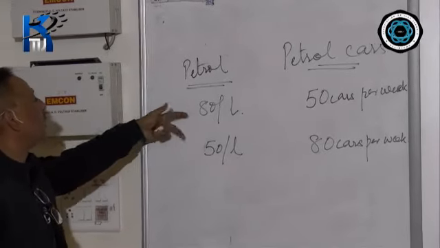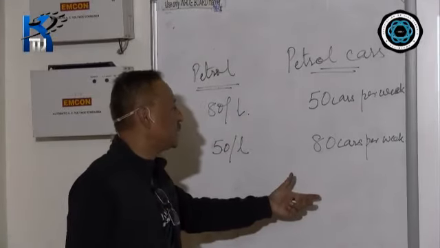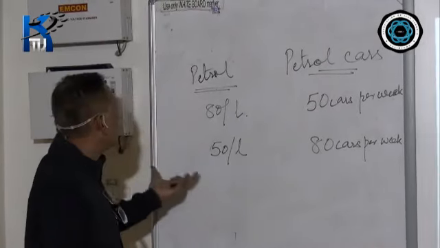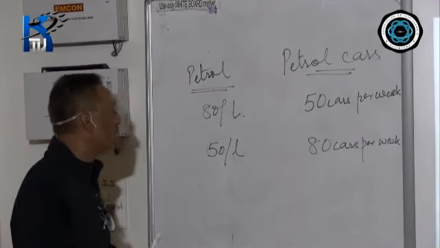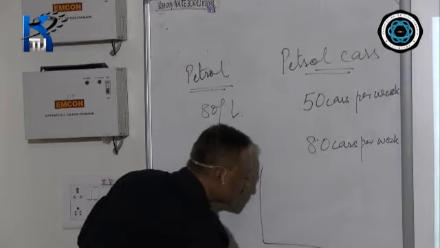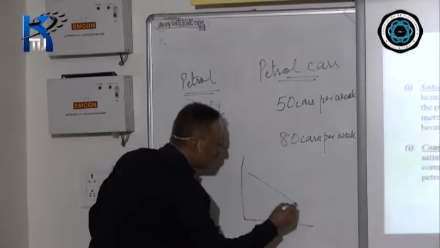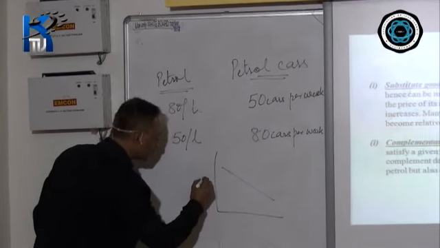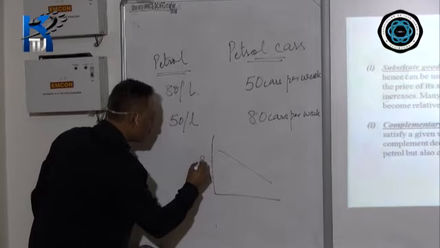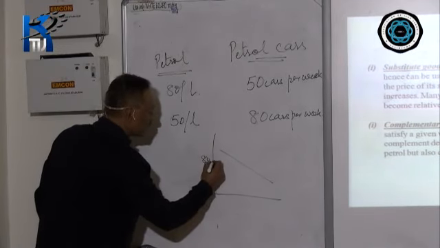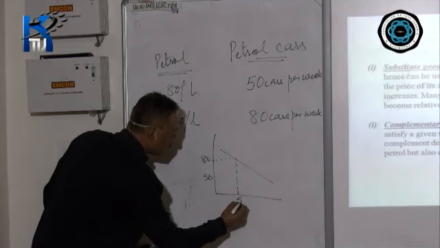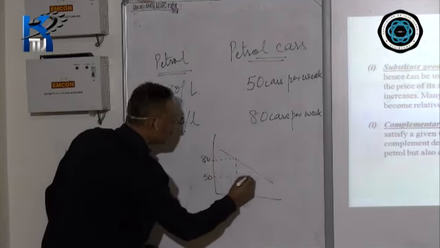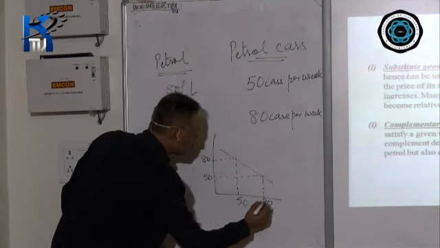Similarly, when the price of petrol increases, demand for petrol cars decreases. What can you say here? There is an inverse relationship. If I were to draw a graph showing an inverse relationship, it means negative sloping. Negative sloping again means, say this is 50, this is 80 rupees. When the price is 80 rupees per liter, 50 cars. 50 rupees per liter, 80 cars.